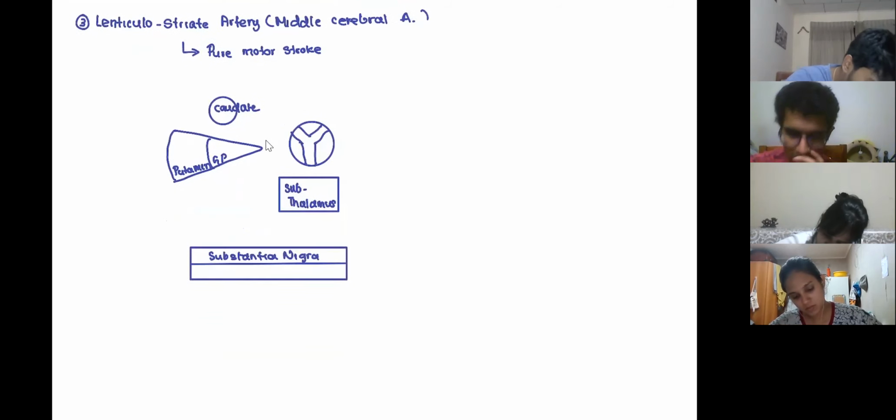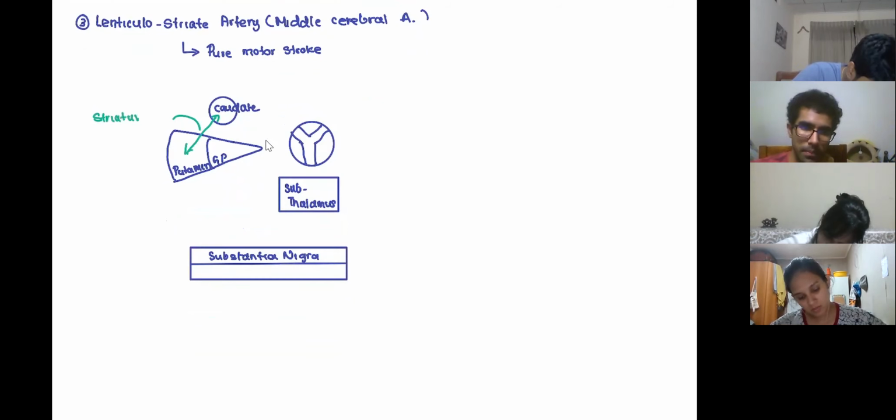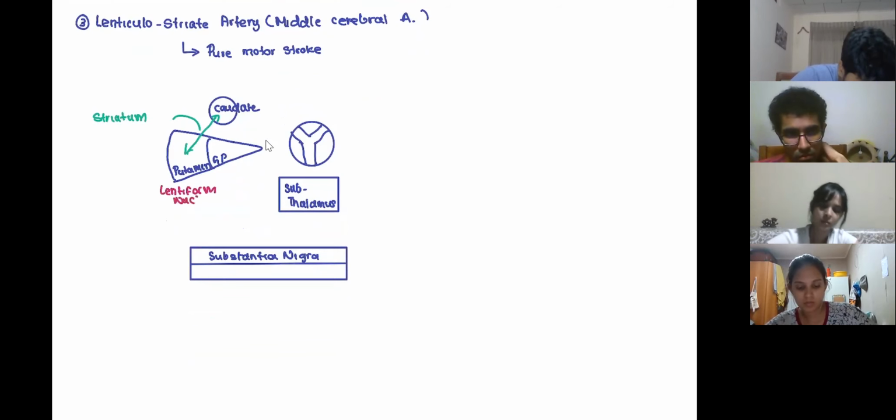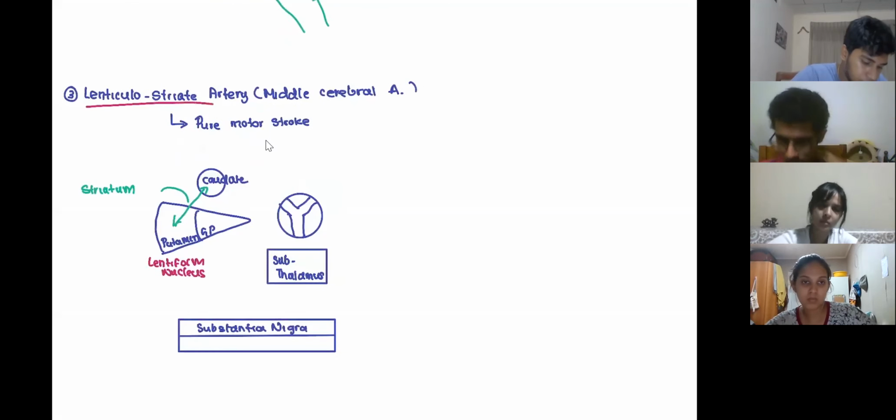And in the bottom, you have the substantia nigra. Okay. Those who did this lecture with me, you should remember putamen and caudate nucleus together is called the striatum. And this is the lentiform nucleus. That's where you get this name.